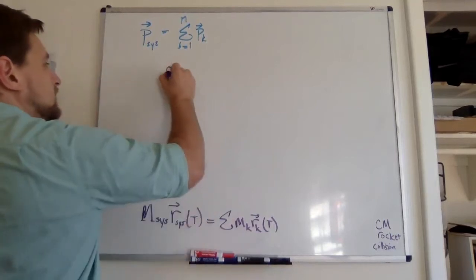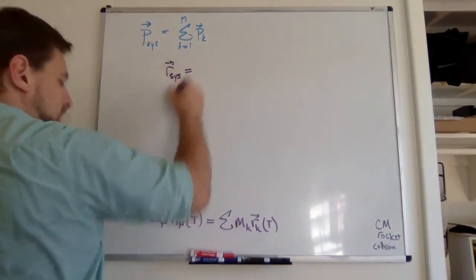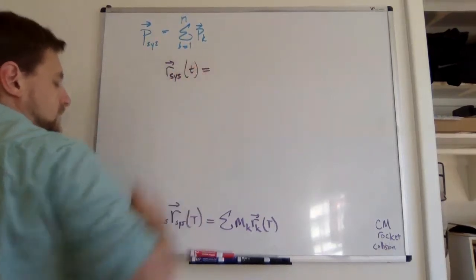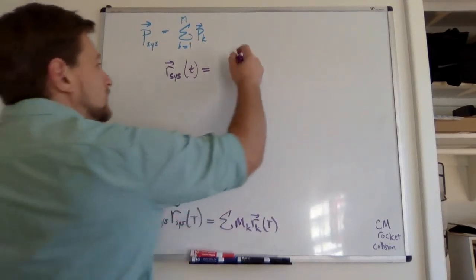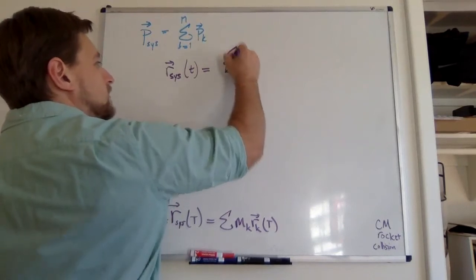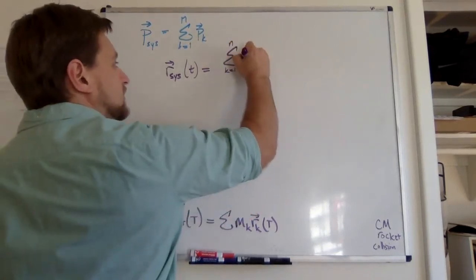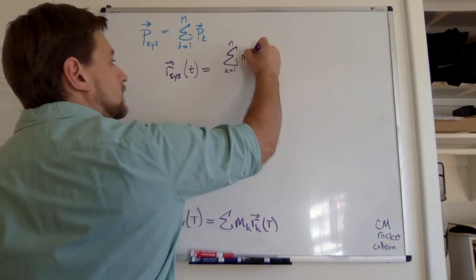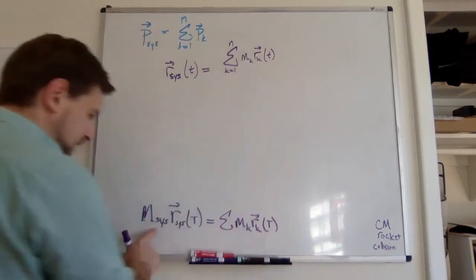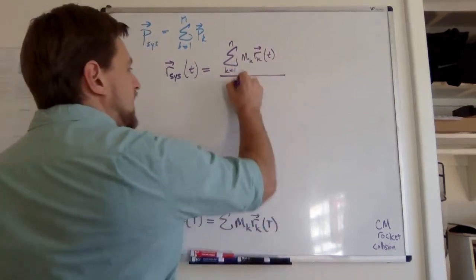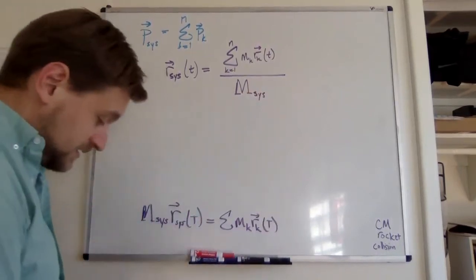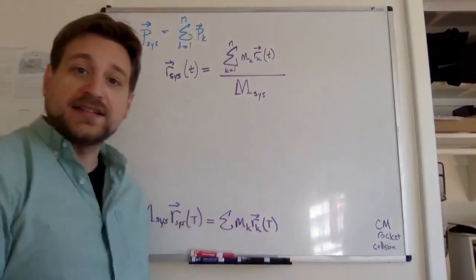Our system is apparently, as a function of time, I mean, call it T, whatever you want, lowercase, capital, doesn't really matter, the sum for all the n pieces of the system, and then we've got to divide by the mass of the system, which I think is exactly what it sounds like, the total mass of the system.